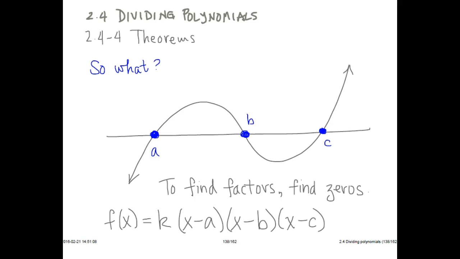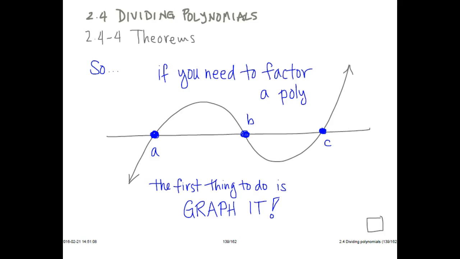Every polynomial has one, if you think about it. And I'm done. So, remember, if you need to factor a polynomial, the very first thing to do is to graph it. This is one way in which your study of mathematics is different from mine. You have a calculator to do that graphing with.